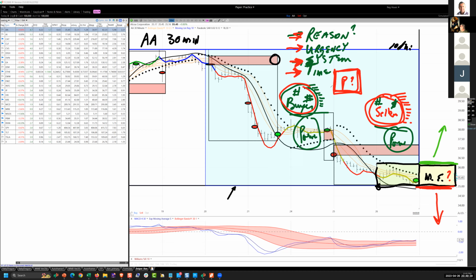So as we're trying to think of who the buyers and sellers are outside of that market, when the market closed, it had left those footprints in that box. And what we know is that we could not entice anybody in that population of buyers to pay a higher price to own it. So there was a lack of urgency on the buyers once it got to this price level.